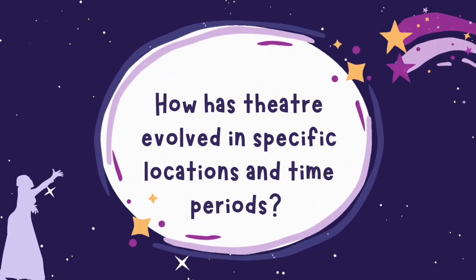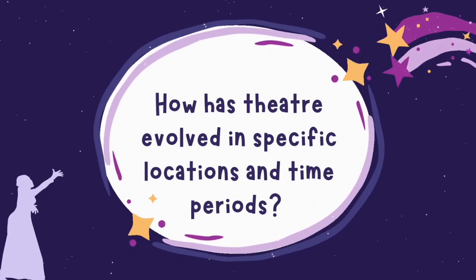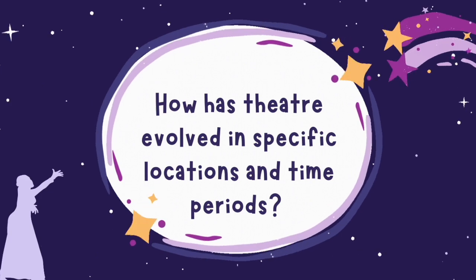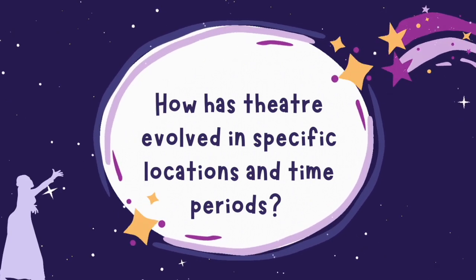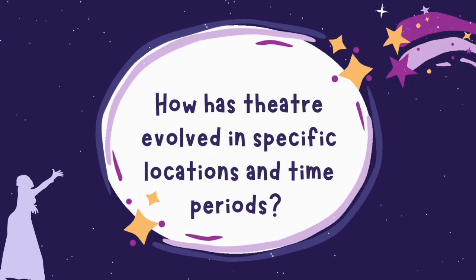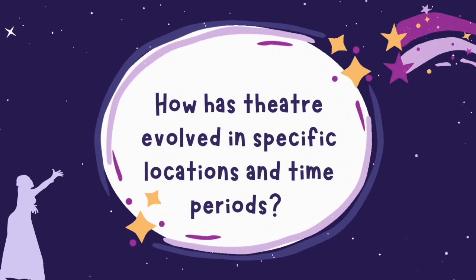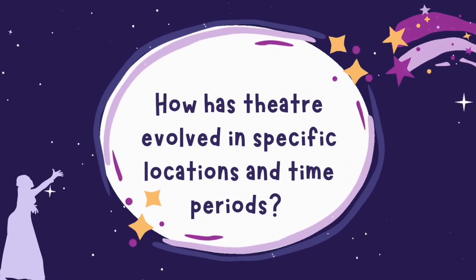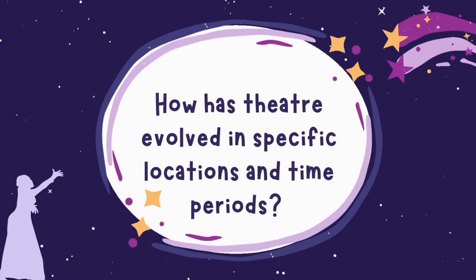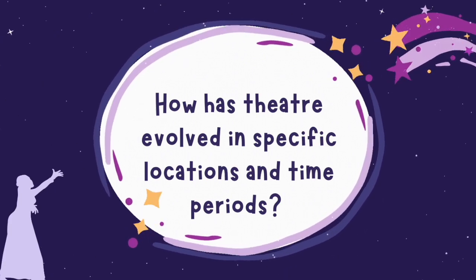But then you might stay in the same time period, 450 years ago, but move from England and go to Japan, and all of a sudden you've got kabuki theatre. So it's about nearly doing that space time travel in a way.